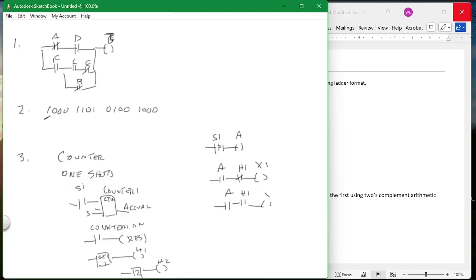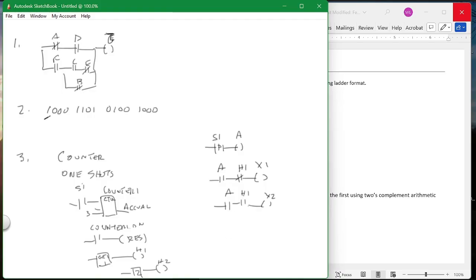Now you can use those seal circuits, but you can't use them up here because if you set H1 here, then this affects this. Do you see that? You have to set these bits before you can do your seal circuits. Okay?